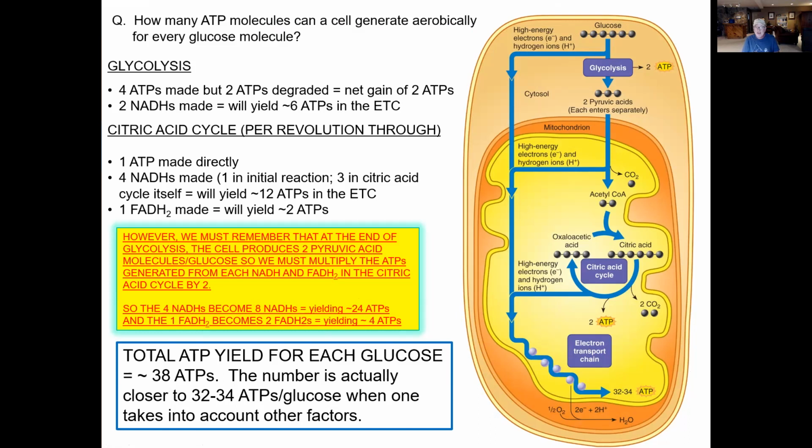But nonetheless, we're talking a lot of energy, 32 to 34 ATPs per glucose, compared to if this was anaerobic, we would only generate 2 ATPs per glucose because we can't go through citric acid cycle and we can't go through electron transport. So anaerobically, we're like 1/16, 1/17 as efficient in terms of energy production as we are aerobically.